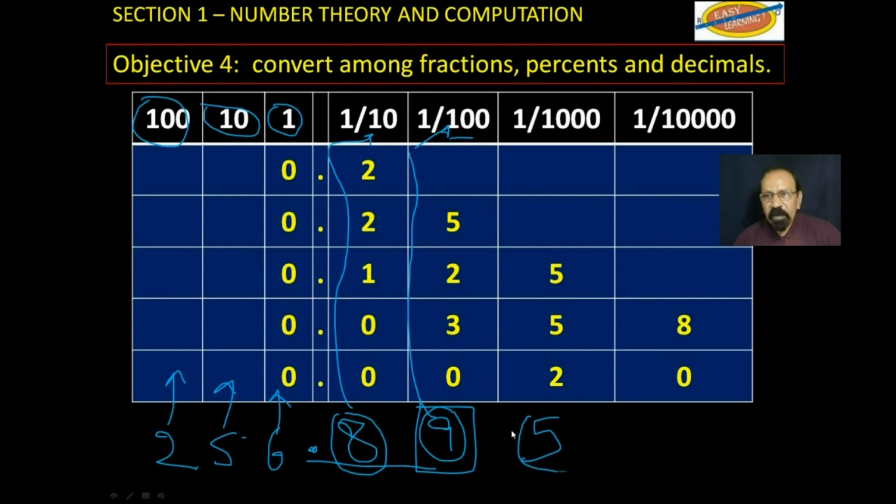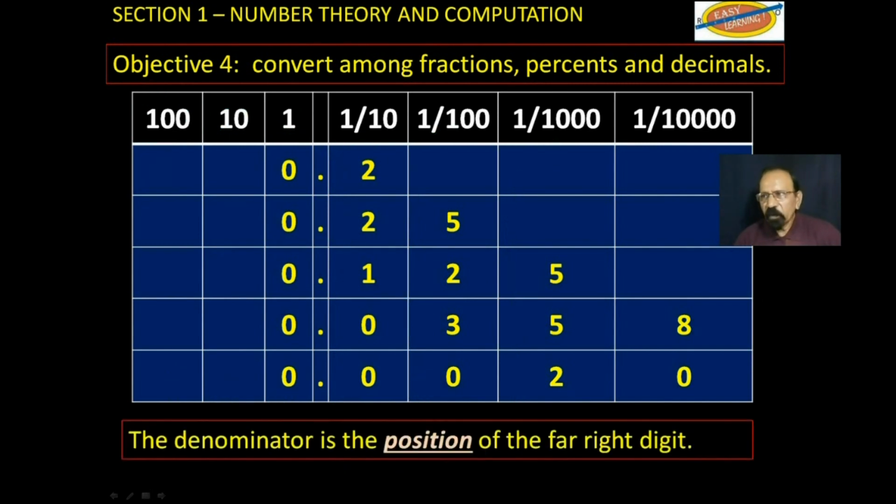And then this 5 here is in the 1000th position. So if we take this 5 alone, that will be 5,000th. Of course, if we take this whole decimal part here, that would be 895 over 1,000.